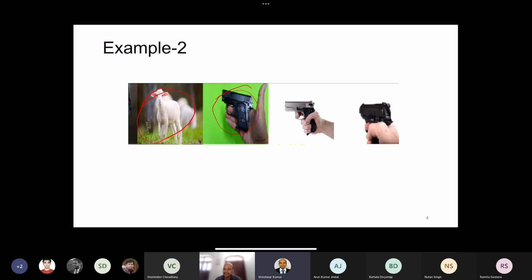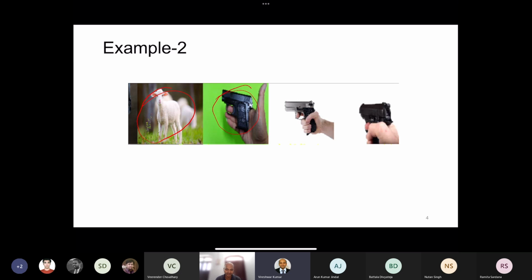That is why we need an intelligent machine learning algorithm, not just a dumb one, which could differentiate between two items which may have the same structure, but are two different things.